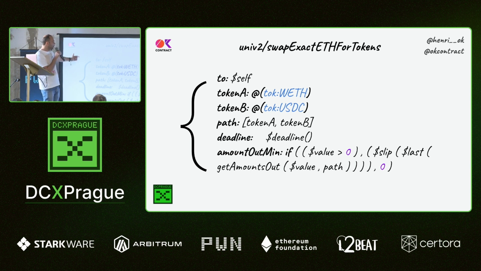I skipped it because it's just a bit more complex, but not too much. For instance, if you want to swap, basically you just need to say who you're swapping to, the tokens, what's the path that you need to send to the contract, functions in the standard library that help compute the deadline. And we also need, for instance, to compute the amount out min, which involves RPC calls to the getAmountsOut function.